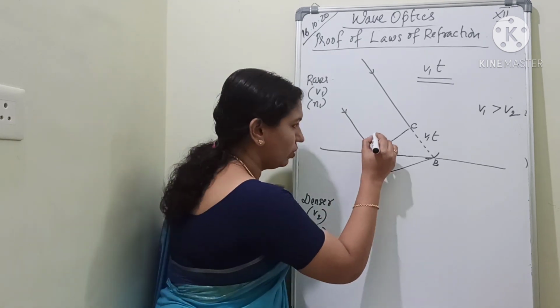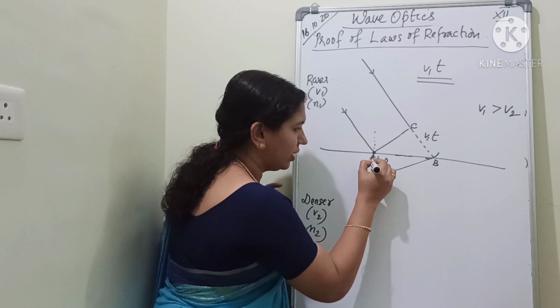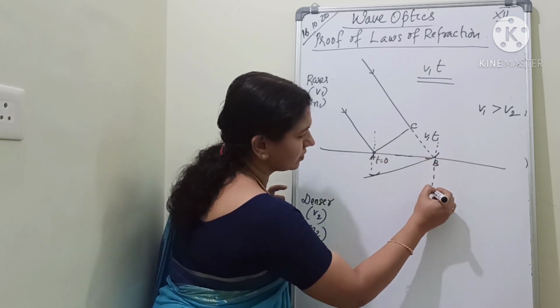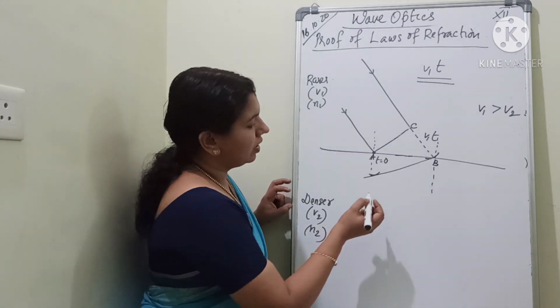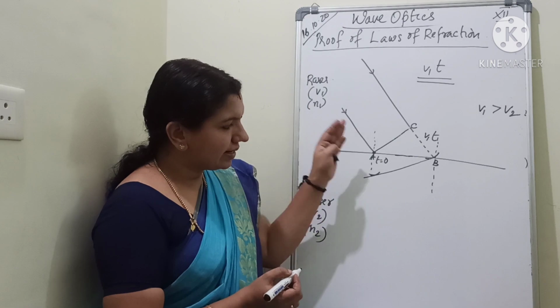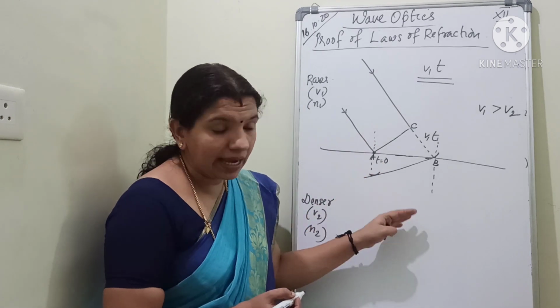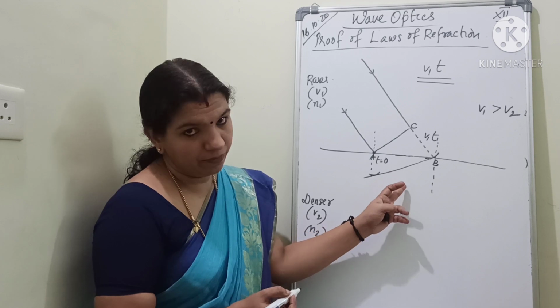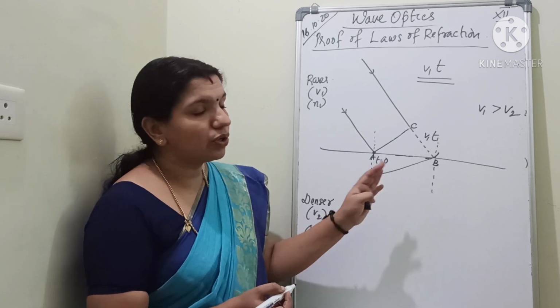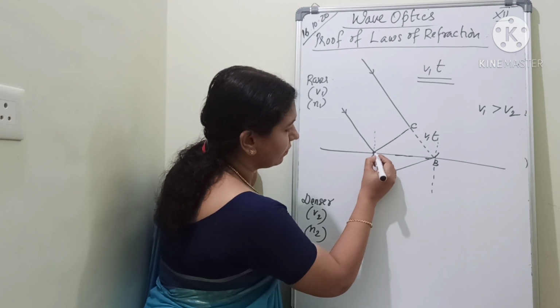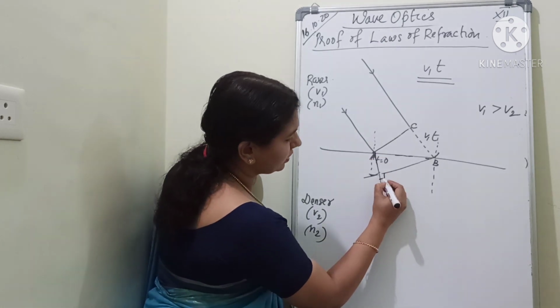Understand? So if I am drawing a normal like this. Okay. Now this is a new wavefront. So you know the direction of the refracted ray will be perpendicular to the direction of the wavefront, isn't it? So how will you draw the wavefront here? Here it is the wavefront because both are perpendicular.